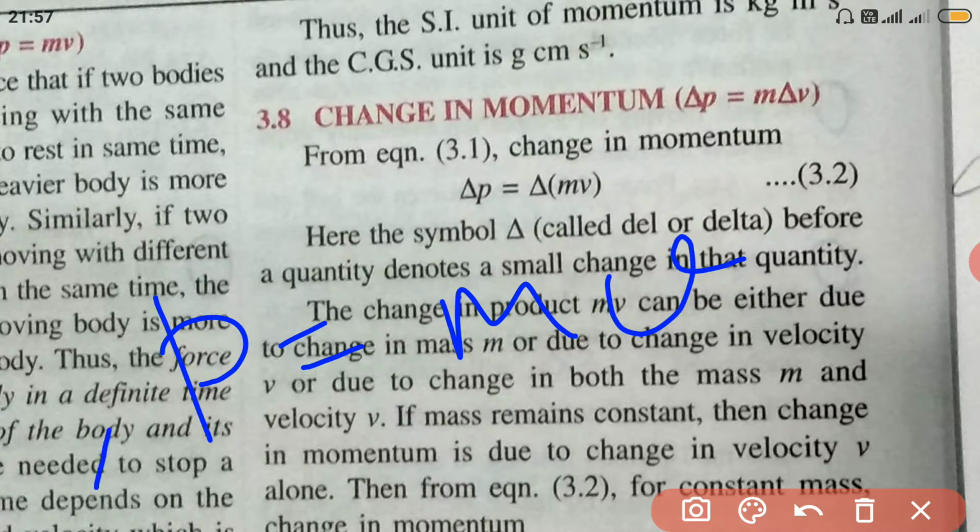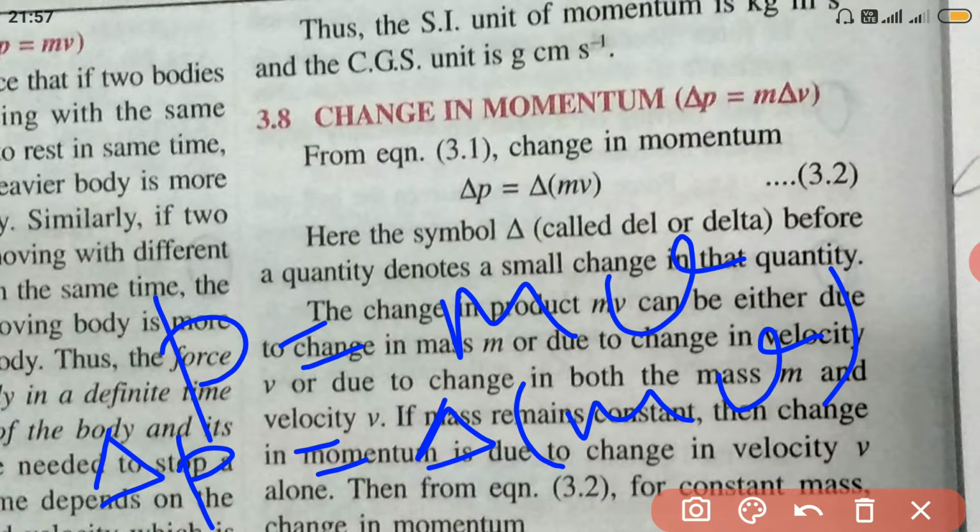So del P, that is small change in momentum, should also be equal to del mv. If P equals m into v, then del P equals del m into v. I hope you understood till here.